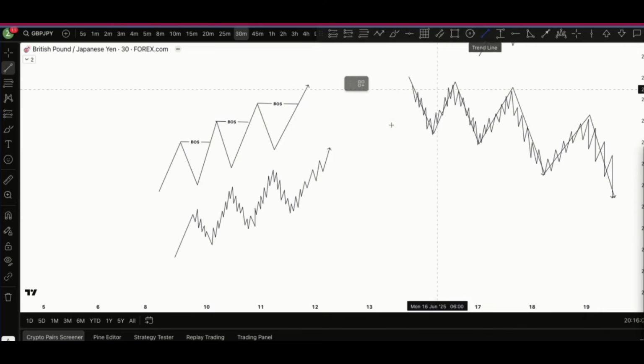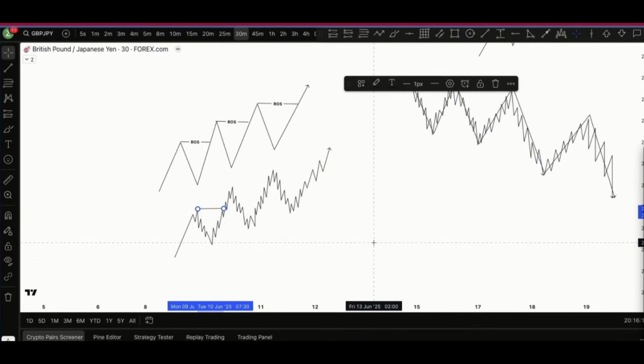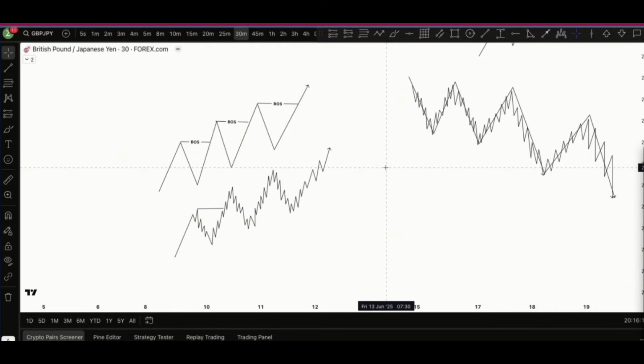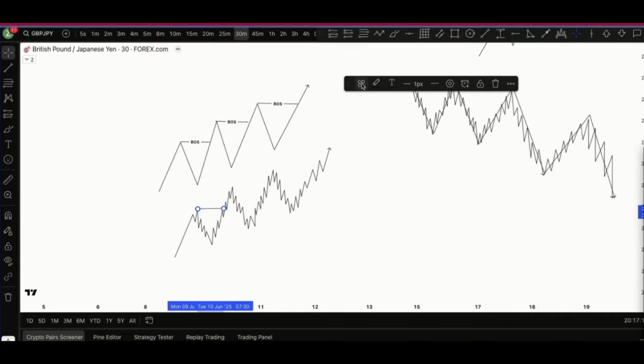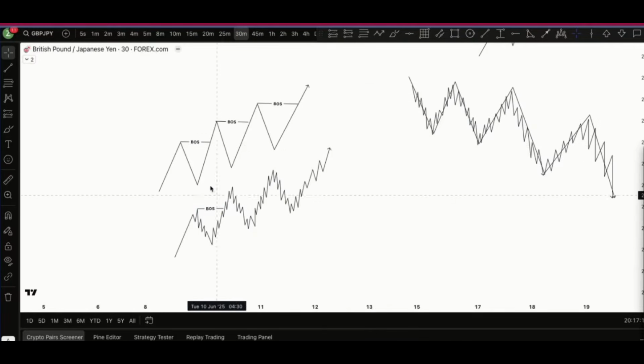So now within this basic structure, this is what is also happening. We have this structure also formed. So this is a break of structure.